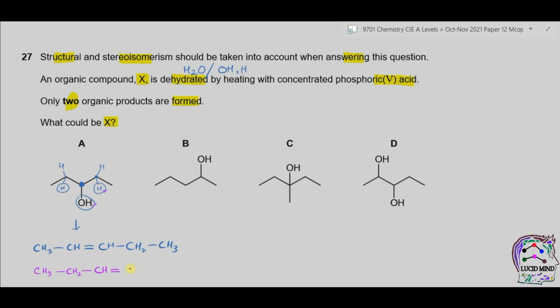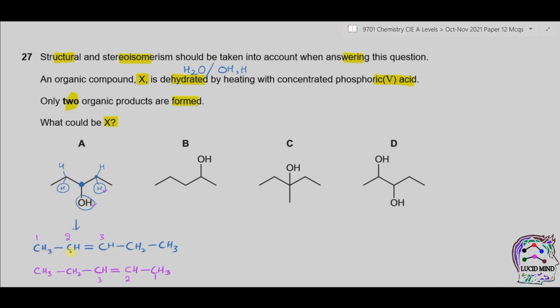Then CH. And then CH3. As both are the same, we can see that the double bond is between the second and third carbon atom. From this one, the numbering will start from this end as the double bond is nearer. So the double bond is between the second and third carbon atom. Both will be considered as a single product.